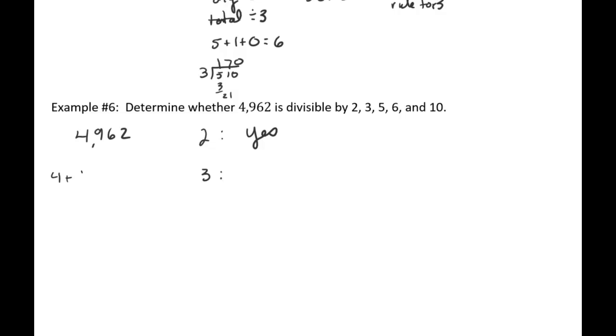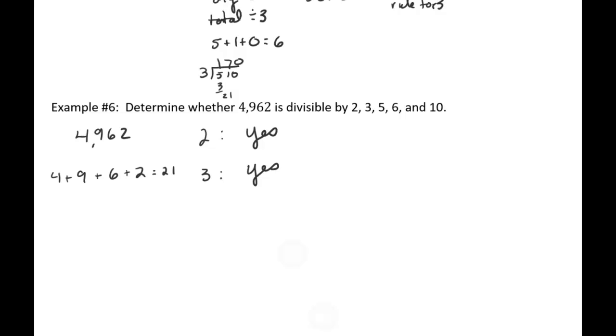So 4 plus 9, that's 13, plus 6 is 19, plus 2 is 21. Let me double check my math here. 10 and 11 is 21. Yeah, so you're getting 21, and that is divisible by 3. And so, yes, the whole number is divisible by 3.